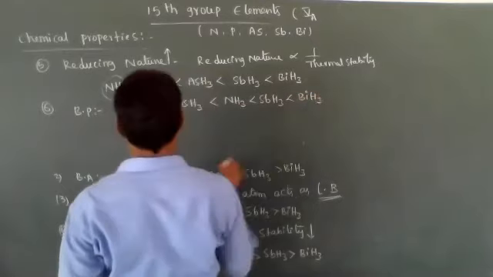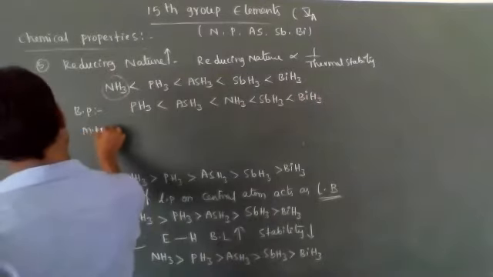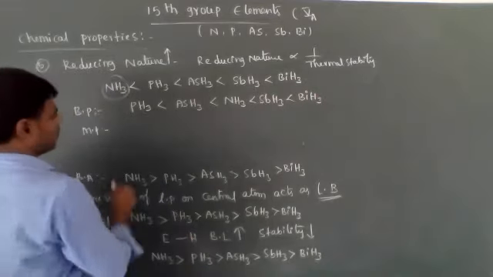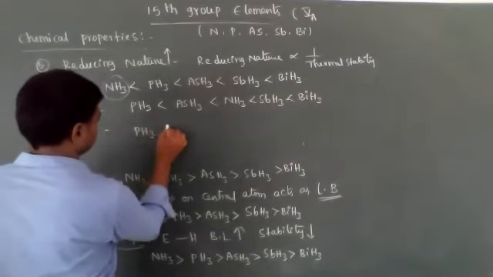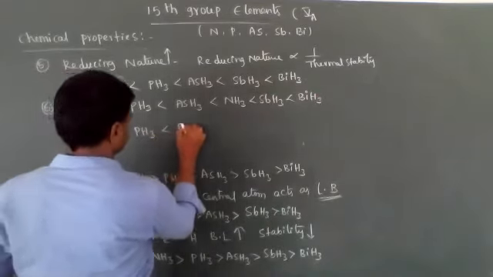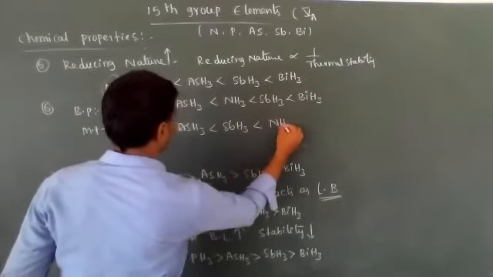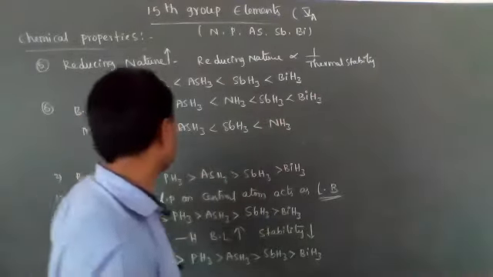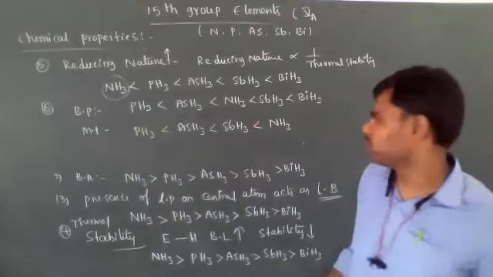This is about boiling point order. And the same way, melting point order is PH3, and then AsH3, and then SbH3, and then NH3. Ammonia has more melting point when compared to phosphorus, arsenic, and antimony.